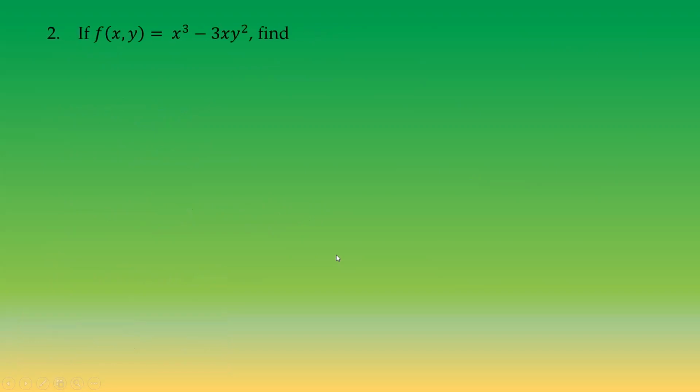So, we have example number 2. We have given a function f which is equal to x cubed minus 3x y squared. Then, for letter A, we're going to find f sub x when x equals 2 and y equals 2.